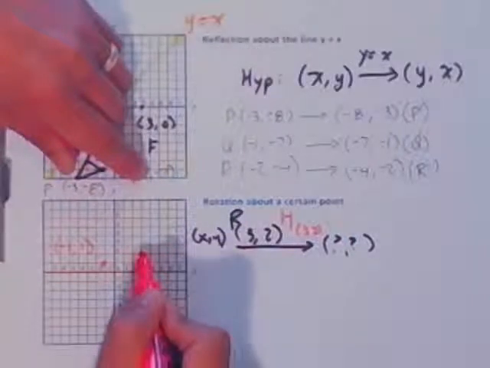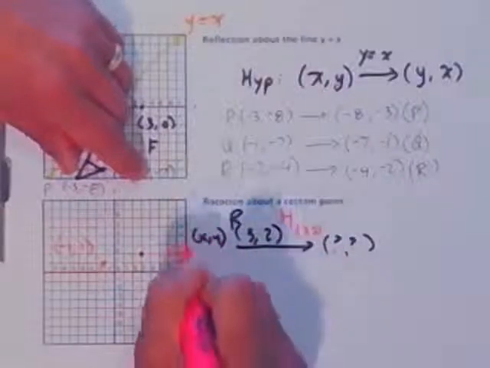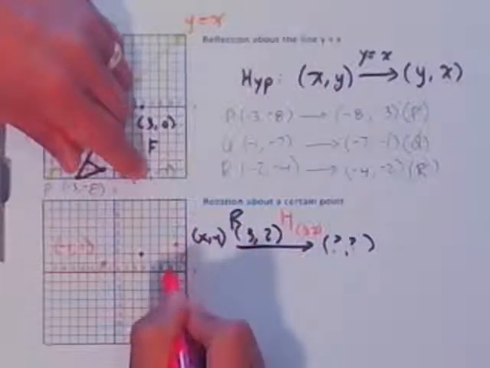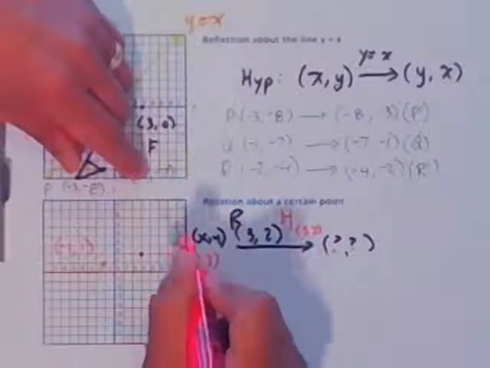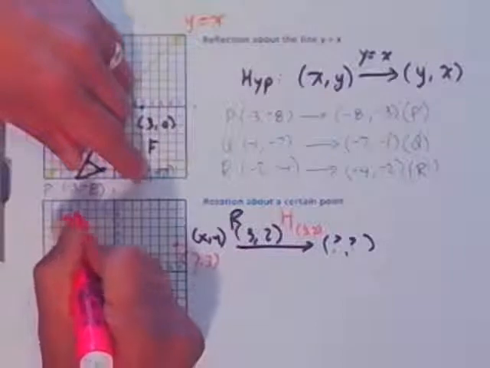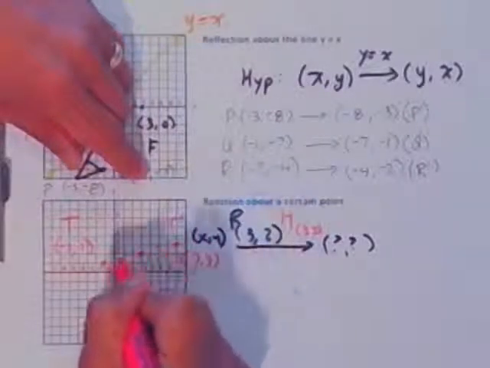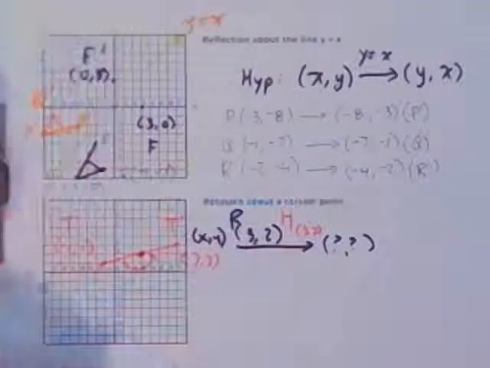So we're going to do the same thing. 1, 2, 3, 4, up 1 to the right. So 7, 3 is your image. Let's call this P. Let's call this T. We'll call this T prime. There it is. It did a 180-degree rotation.